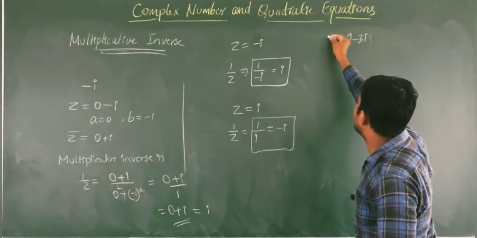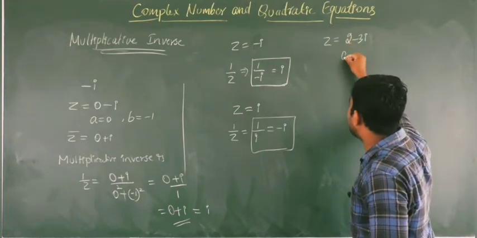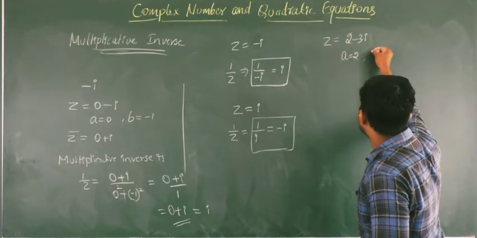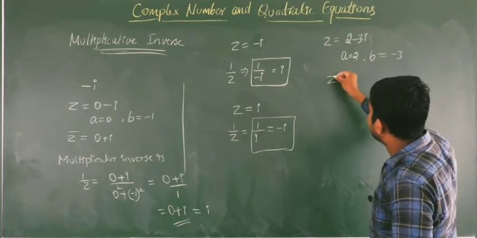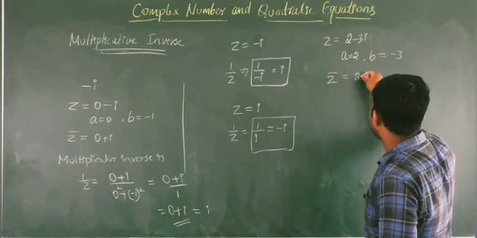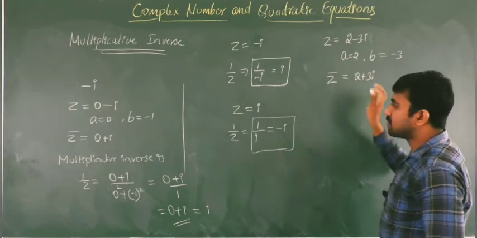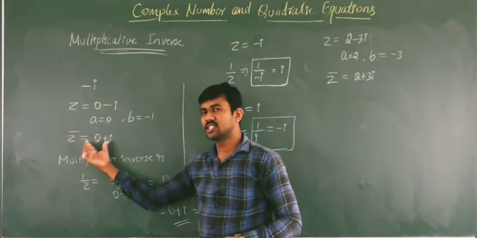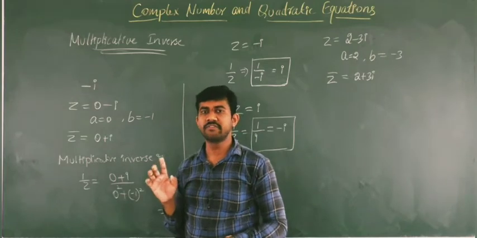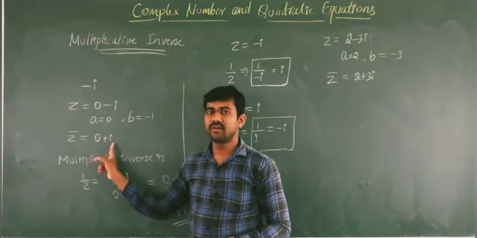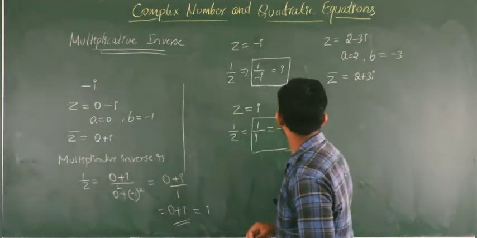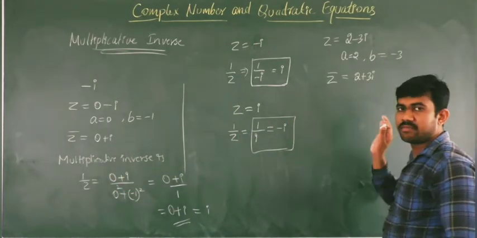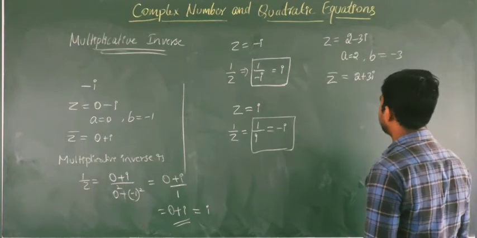To find the value of that, first we need to write the a and b values and then z bar, that is 2 plus 3i. Actually, z bar is not necessary to write here, we just need to find the multiplicative inverse. I am just writing it for your convenience. Now I have written z bar, that is 2 plus 3i.